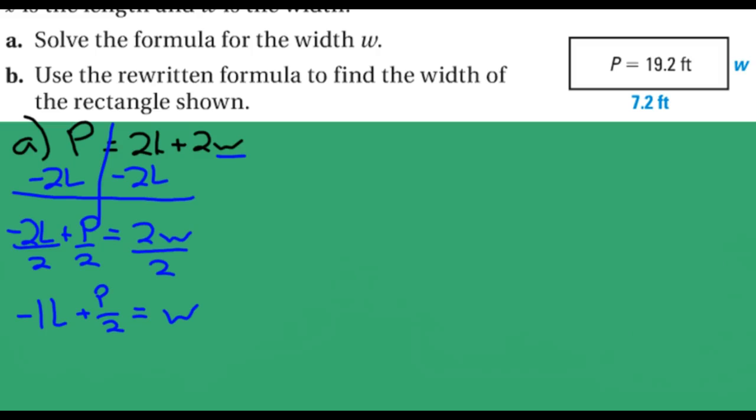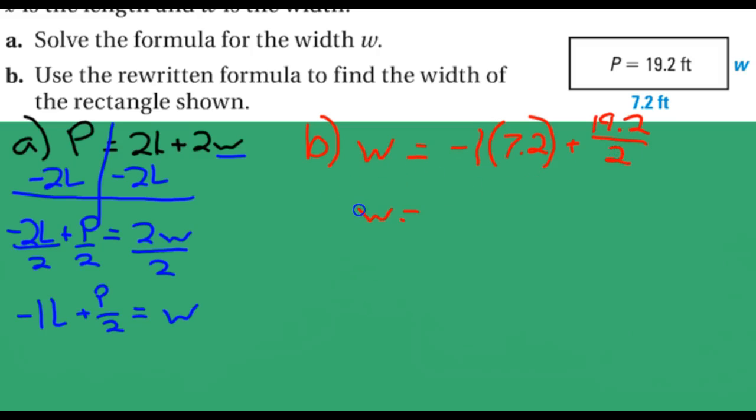Now the second part of this problem says to use the rewritten formula to find the width of the rectangle shown. Alright, so I'm going to use W equals negative 1 times L. Our L is 7.2 feet plus 19.2, that's our perimeter, so 19.2 over 2.